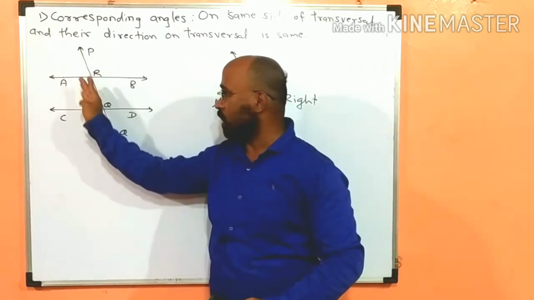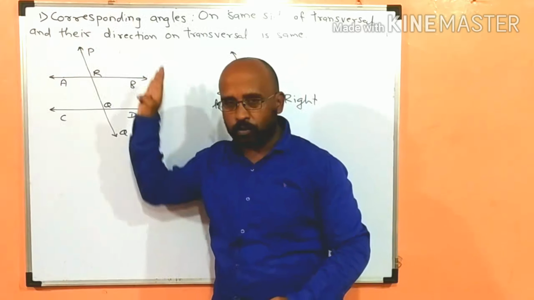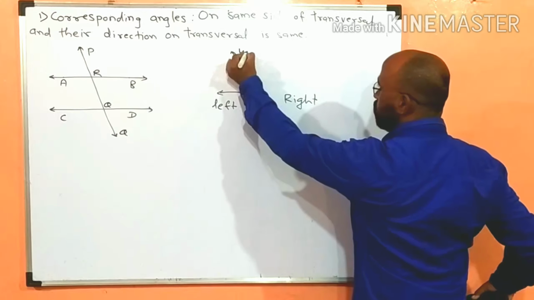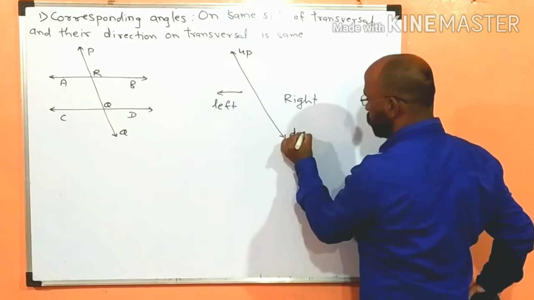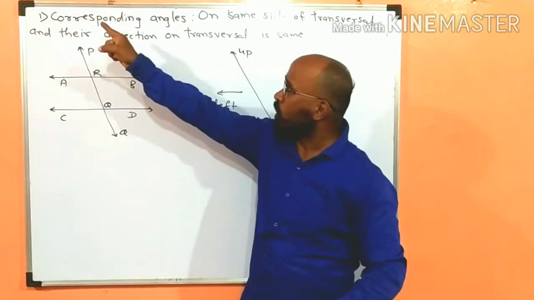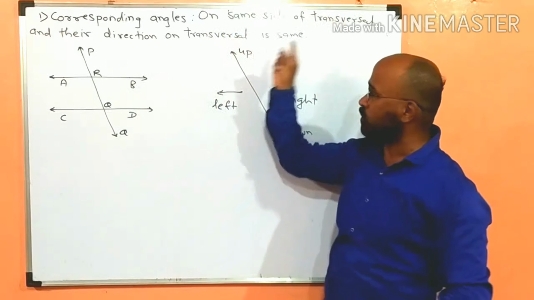So this transversal has partitioned this plane into left side as well as right side. And what is the direction of transversal? It is going towards up and down. Clear? Okay students.